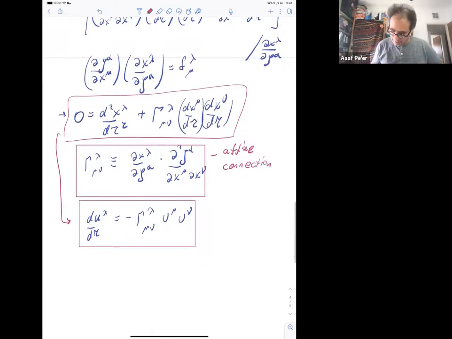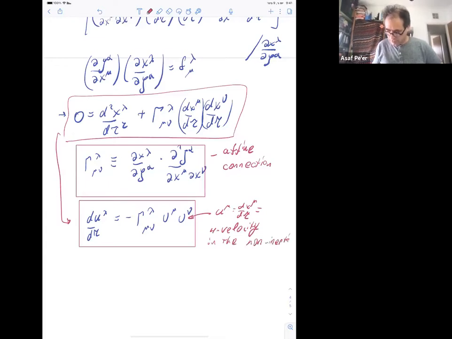So this u, dx over d tau, is the four-velocity in the non-inertial frame, right? And the reason why I wanted to do it is because of this term here.